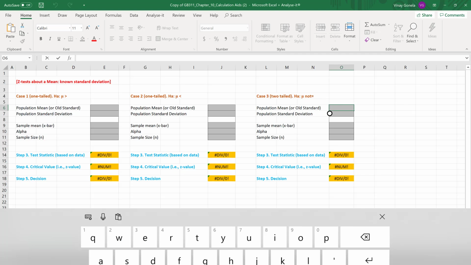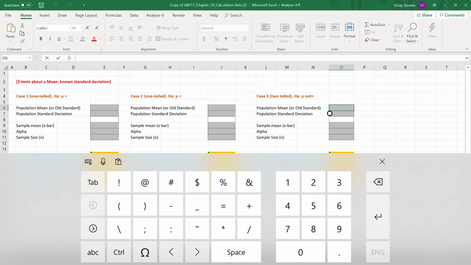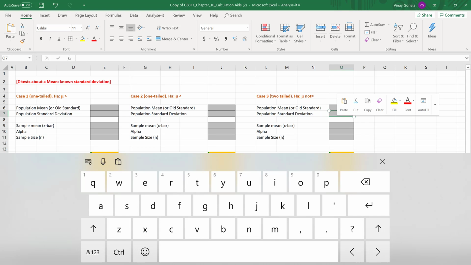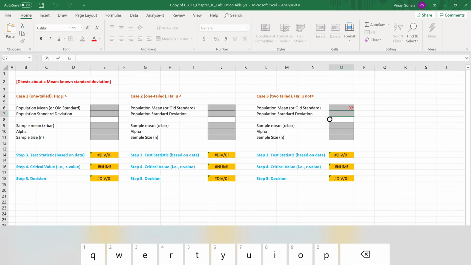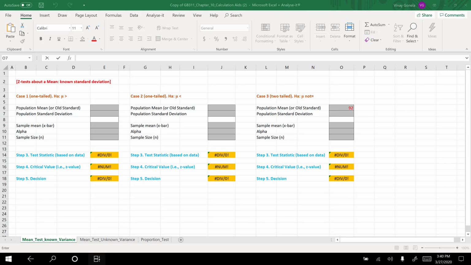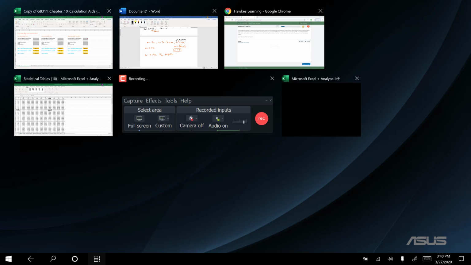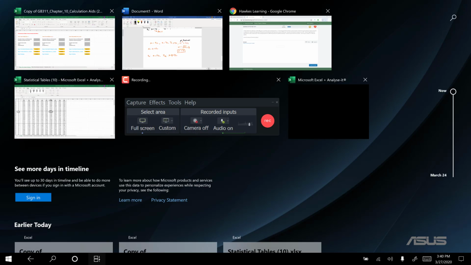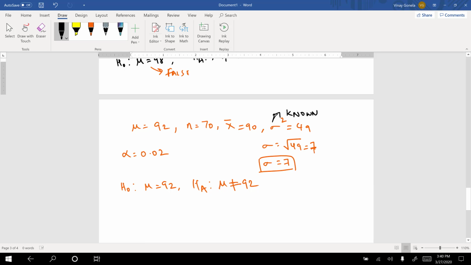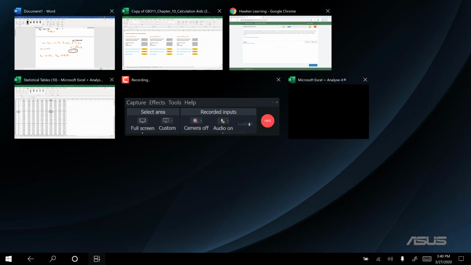Population standard deviation is 7, so I will enter 7 here.